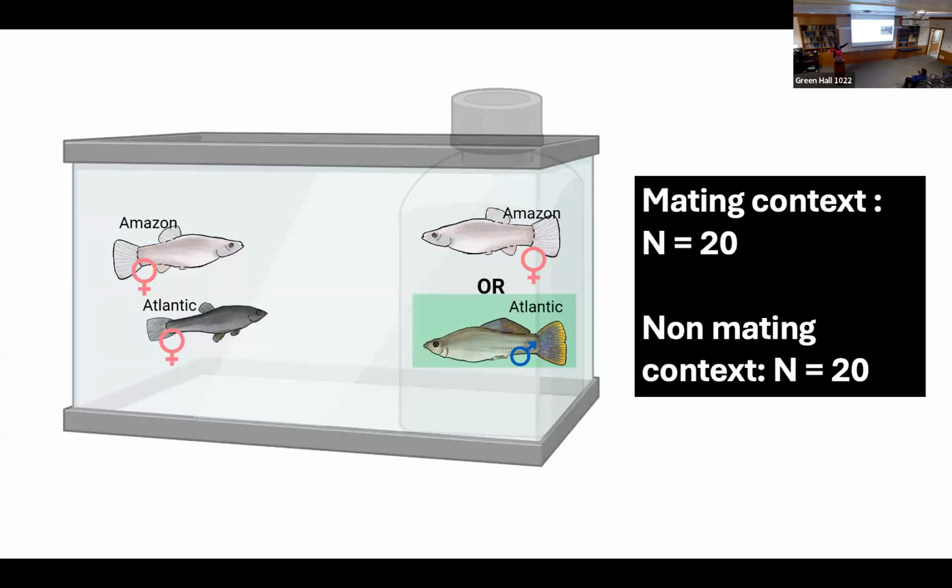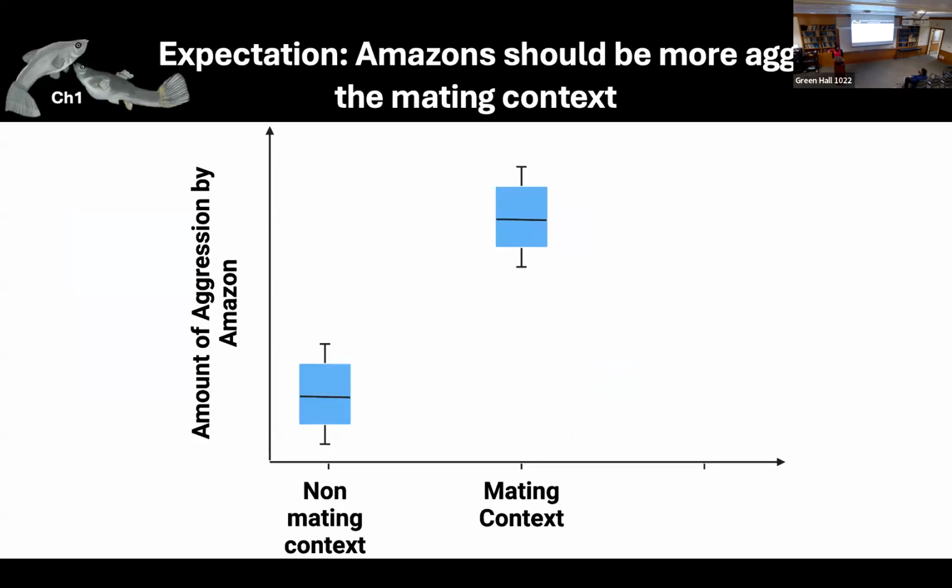They're able to see and smell the other fish through this soda bottle. And the non-mating context is when the other fish, the social treatment fish, is an Amazon molly. And my sample size for these experiments per treatment was 20 fish. So my expectation is that the amount of aggression depends on the mating context.